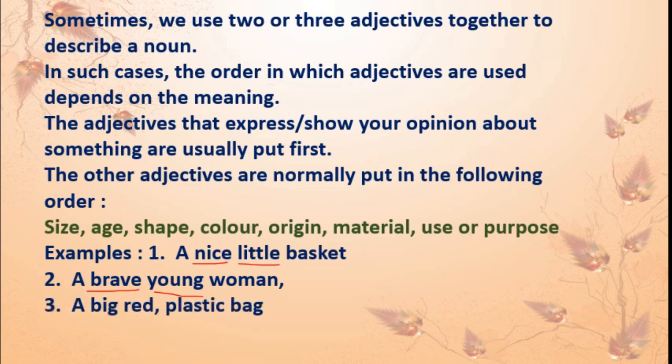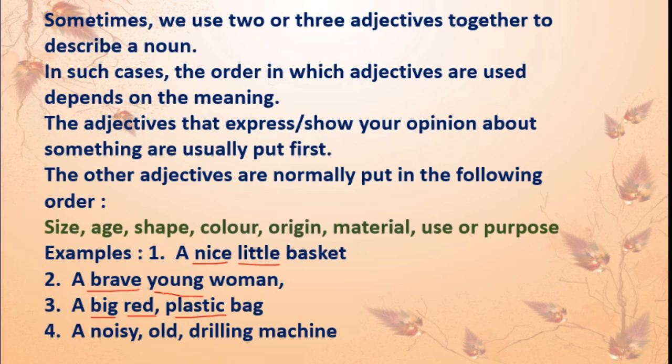A big red plastic bag. We can say a bag, but we said a big red plastic bag. See, big is a size, correct? This is the first one. Red, color, plastic, material. Bag is noun, isn't it? Next one, a noisy old drilling machine.